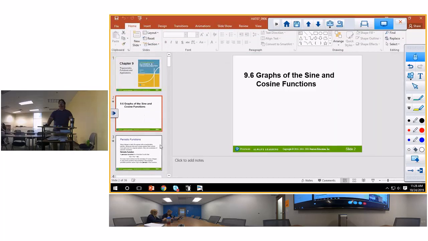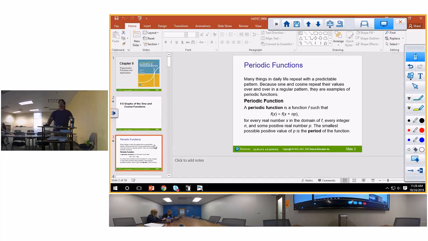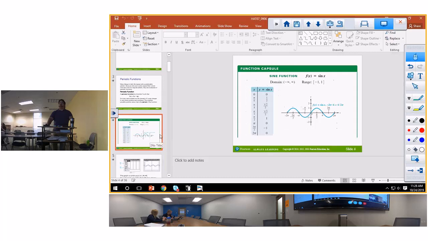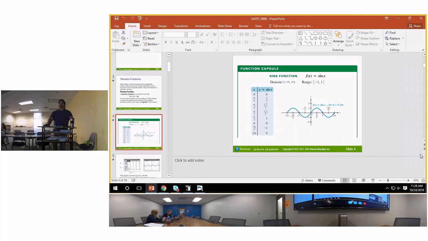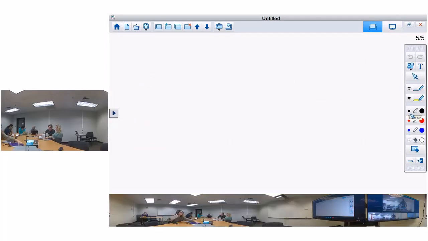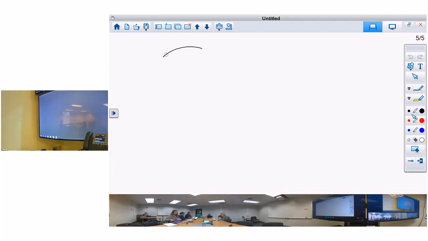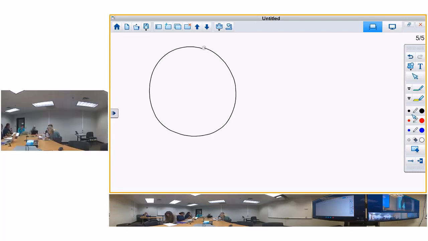Okay, now, when you unroll, and I'm going to do this on the whiteboard, just take the unit circle and picture this in your brain. There's the unit circle.